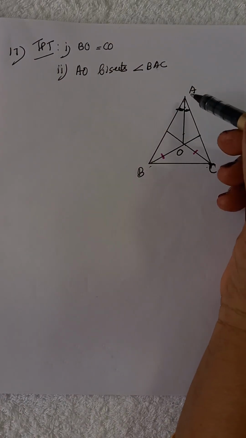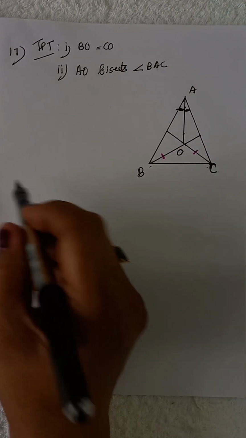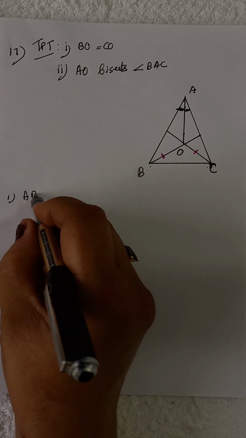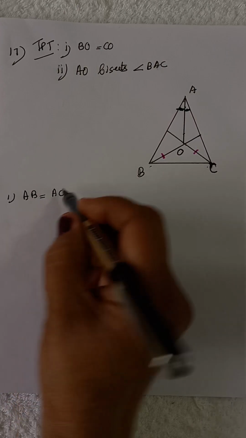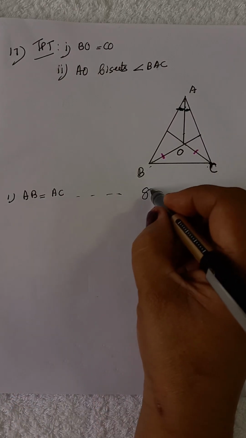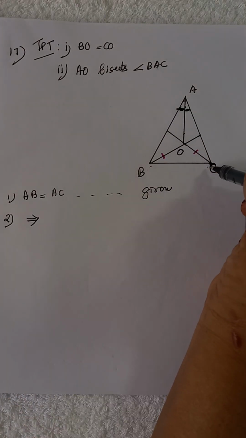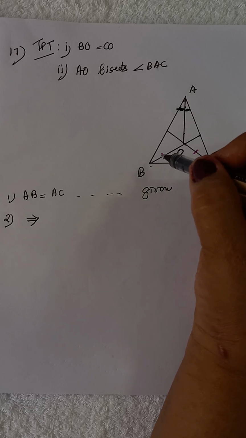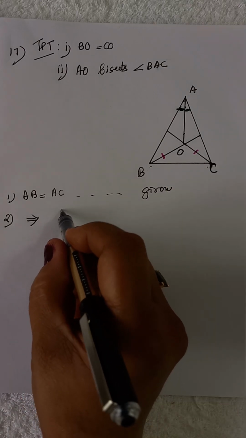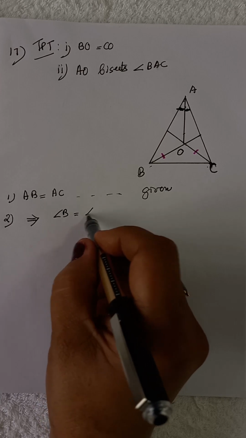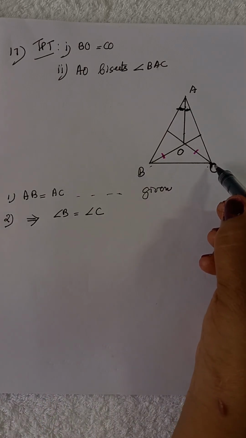Here this AB and AC are given as equal. So we can write the first point as AB is equal to AC. Reason is given. Second point, this implies two sides are equal in a triangle means angles opposite to those two sides also will be equal, that is, base angles will be equal in this case. This implies angle B is equal to angle C, these two.